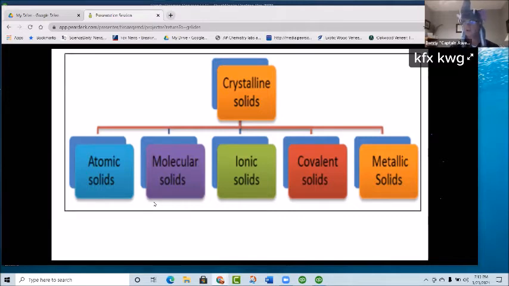And the one I want you to know in particular is called covalent solids. The other word for those covalent solids is covalent network solids. These are special things. Covalent network solids are things where they're not molecular stuff, covalent stuff with IMFs between it.